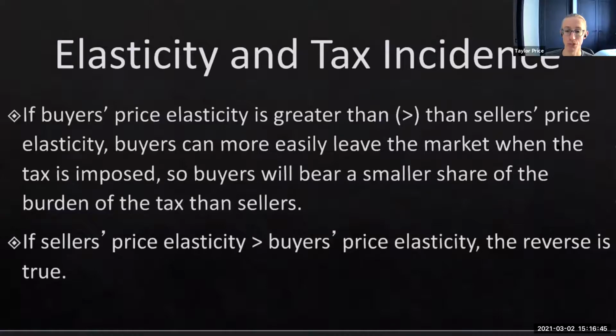So buyers will bear a smaller share of the burden than sellers, because buyers can say, this good is much more expensive now, so I'm going to walk away from consuming it because I don't need it. Whereas sellers, if they have a lower price elasticity, are more locked into that market, and it's harder for them to leave.